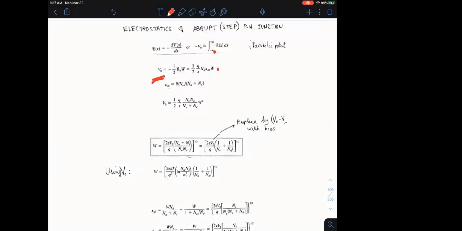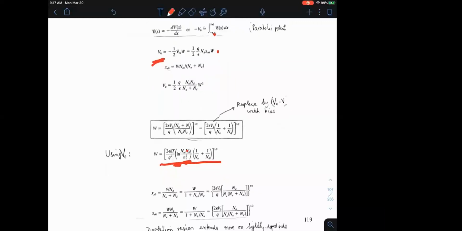So that's another form of the V0, which of course must be the same as the V0 that we derived a couple of minutes back, right? So that's what I show over here. I plug in the value of V0, and that's how you can get an expression for the W entirely in terms of the doping concentrations Na and Nd, and that's a very useful expression.